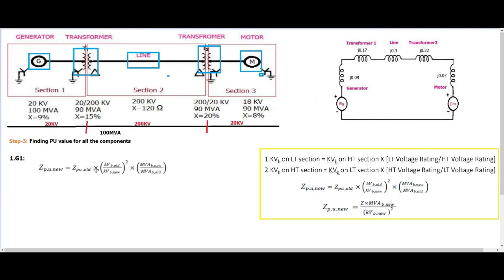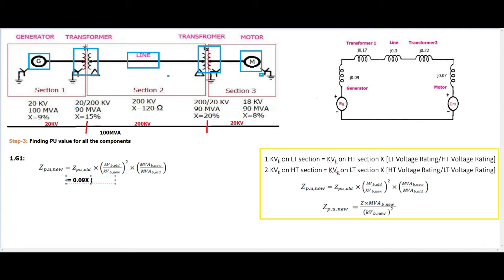Now I have to substitute all the values here. Okay, now substituting all the values in the formula, correct? The old per unit impedance is 9%, so 0.09 multiplied by the old base voltage. Whenever the subscript old comes, we have to refer to the rating of the particular component.